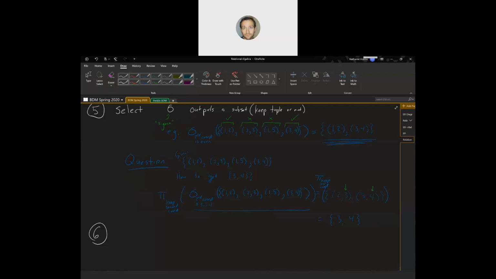But then the question is, where is the set 2, 5 coming from? It's a bit of a wonky way of doing it. Technically, I guess it's kind of right, but you're pulling something from the ether to get things to work. So, all right.